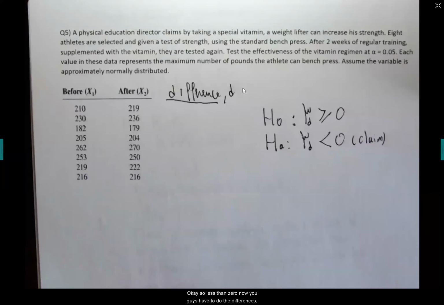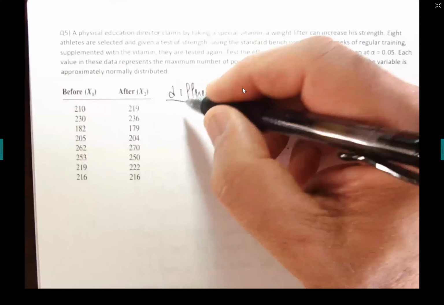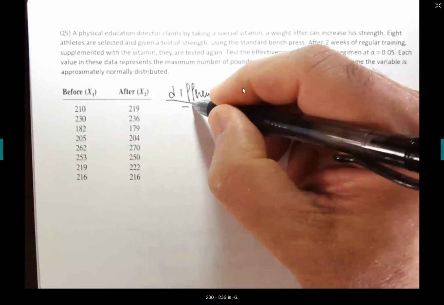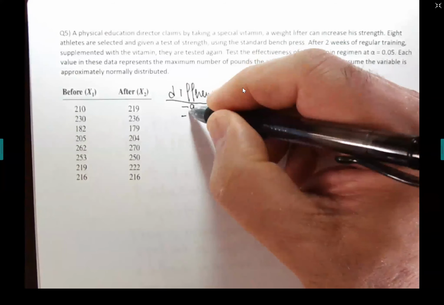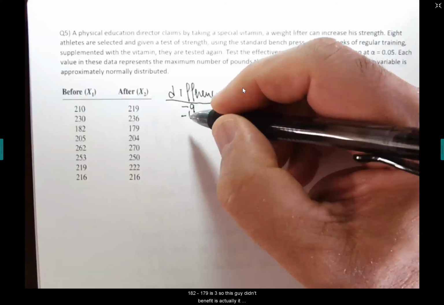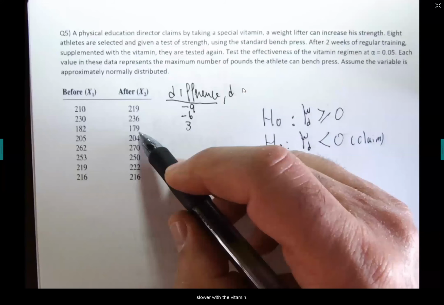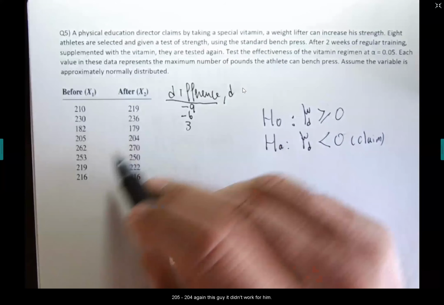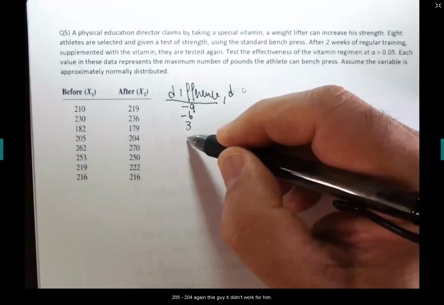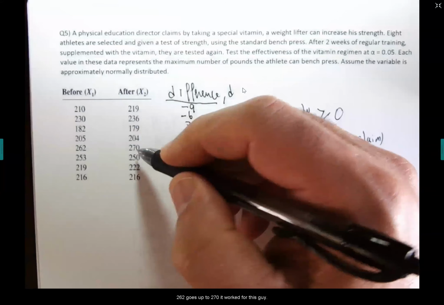Now you guys, you have to do the differences. 210 minus 219 is negative 9. 230 minus 236 is negative 6. 182 minus 179 is 3. So this guy, he didn't benefit. Actually, it's lower with the vitamin. 205 minus 204, again, this guy, it didn't work for him. 262 goes up to 270, it worked for this guy.